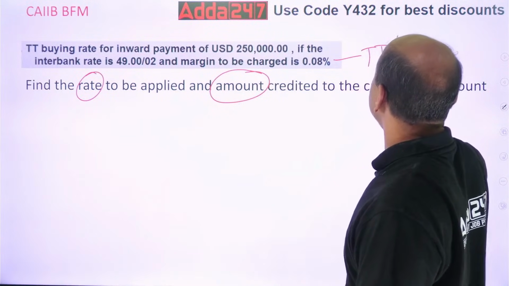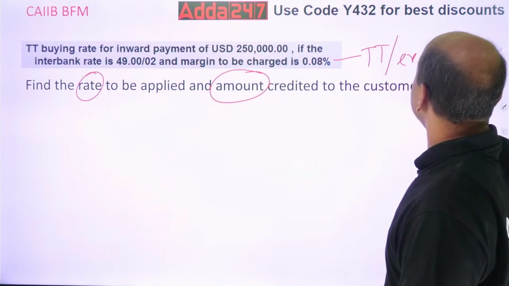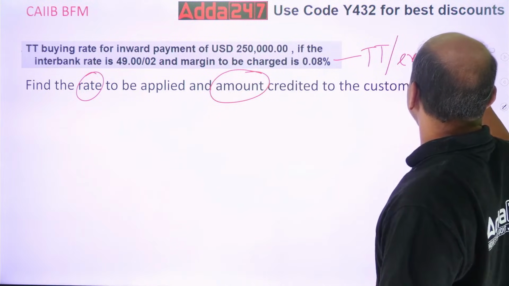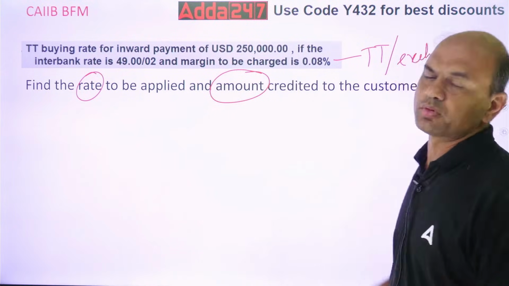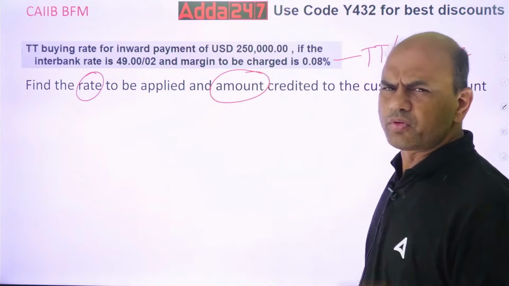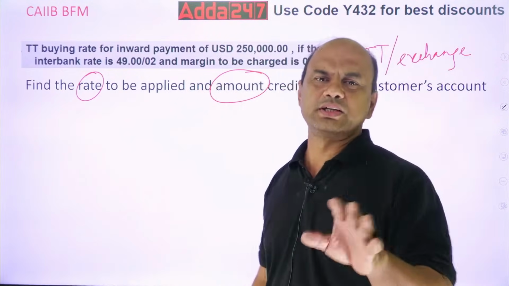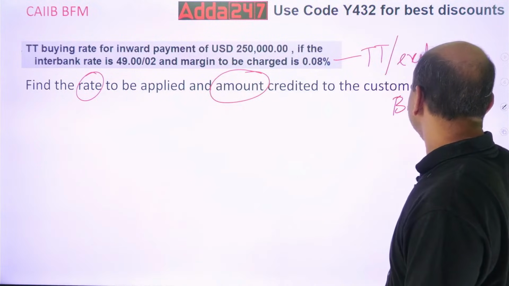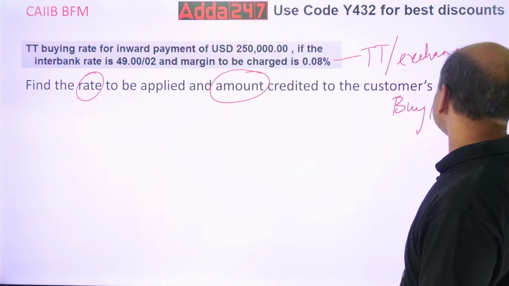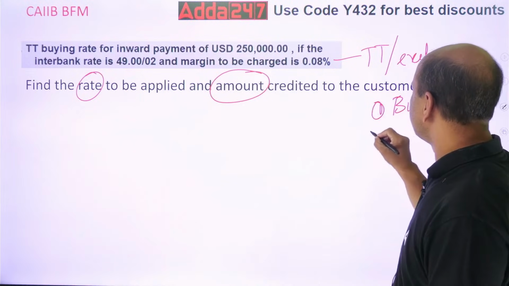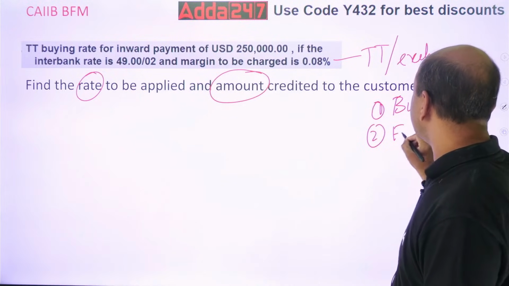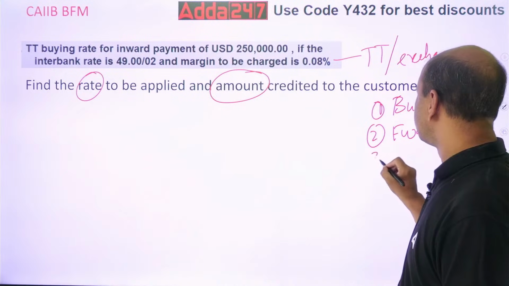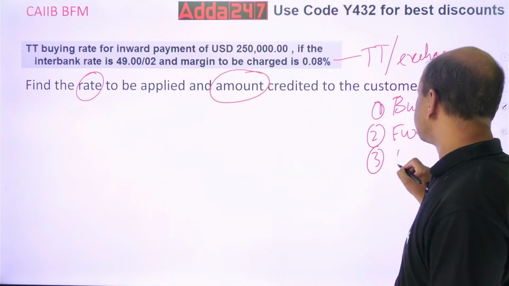Both names are the same. Follow the same sequence again. Don't change the sequence. First, buy or sell. Second, forward margin. Third, TT margin or exchange margin.